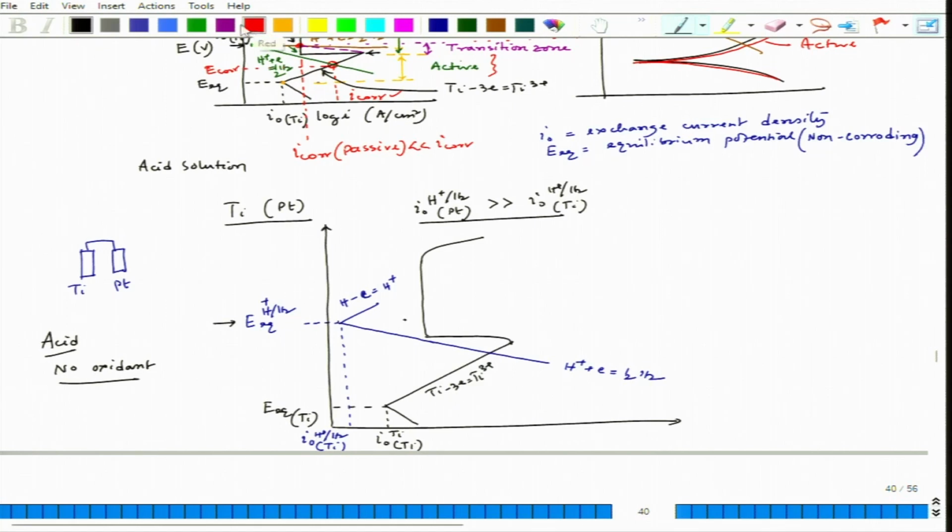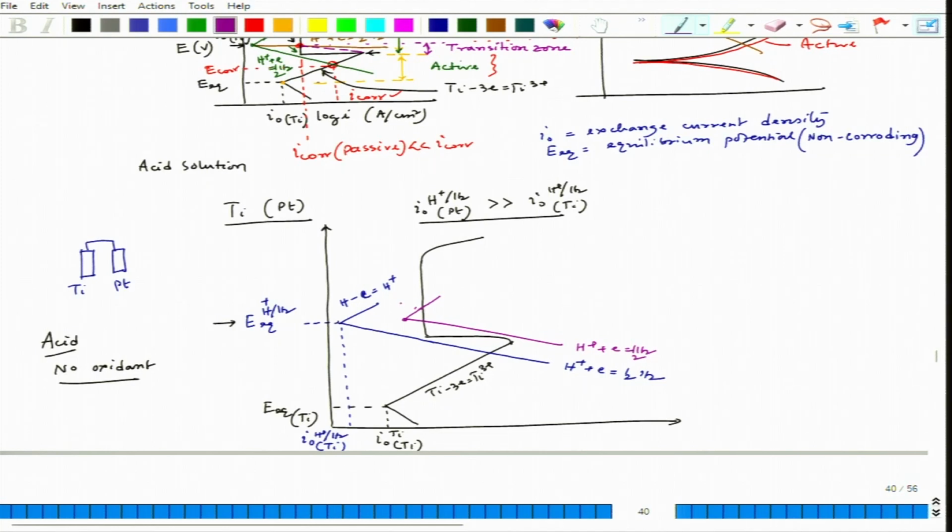So, this is a little higher up. This place it will go, and it will have its own polarization. So, this is positive polarization and this is the negative one. Okay. So, this is H+ + e = 1/2 H2.